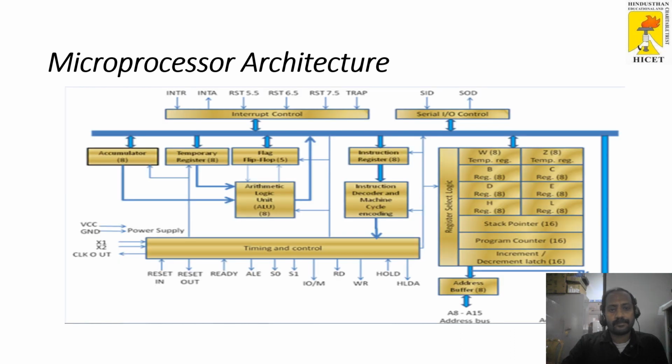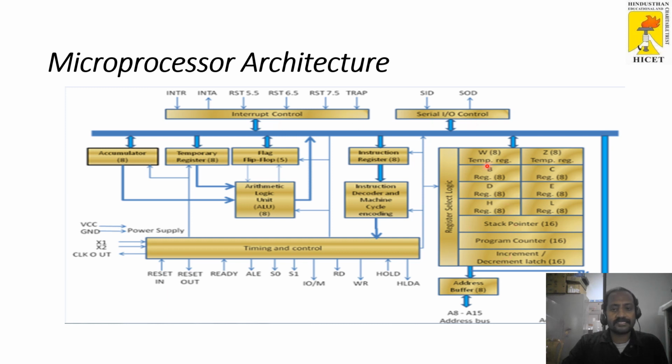This diagram shows the 8085 microprocessor architecture. Here are some of the components present in it: an accumulator, a temporary register, and a flip-flop, that is flag registers, the ALU, arithmetic logic unit, an instruction register, an interrupt controller, and a serial input output controller.